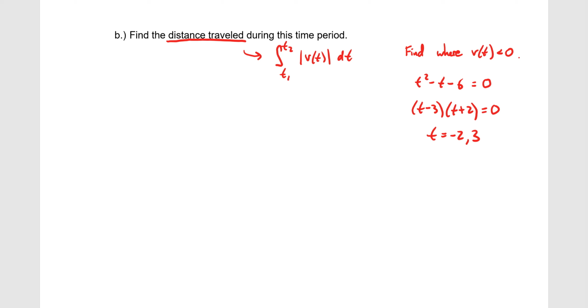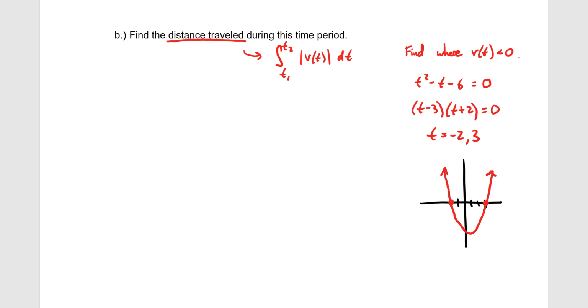So if we went ahead and graphed this parabola, t squared minus t minus 6, we have negative 2, positive 3. We know it's crossing through here and here, and we actually know that it has to open upwards because the t squared is positive.